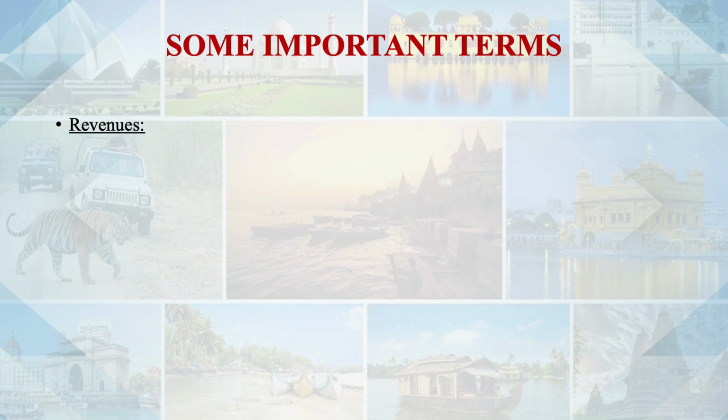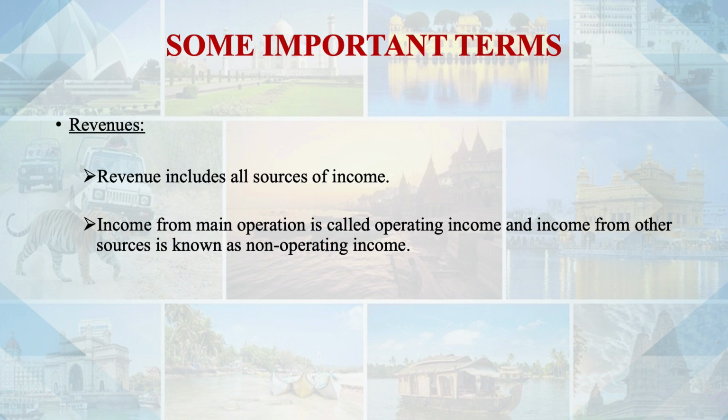Okay. So next, revenues. Now, when we prepare this profit and loss account, we have to understand the concept of revenue. When we say revenue, revenue means all incomes. But we have to understand that when we talk about incomes, there are two different categories of income in your profit and loss account. One is the income from operations. We call it operating income.